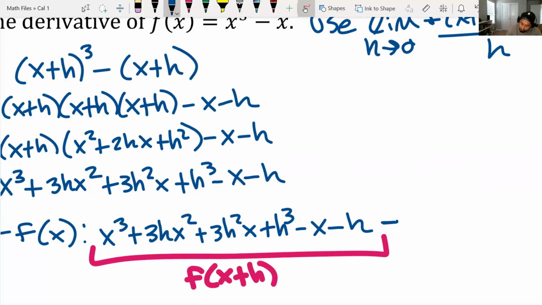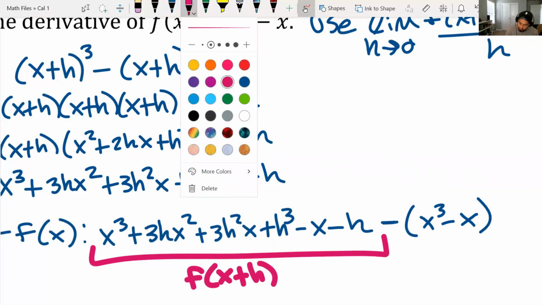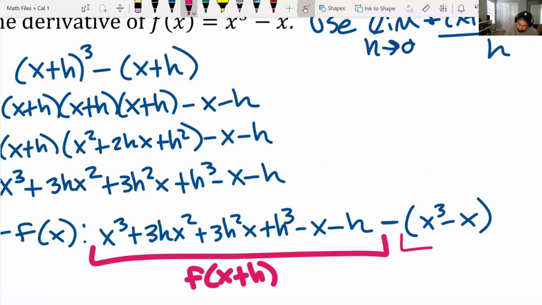And then we're going to subtract the original function. But make sure you put it in parentheses. So we're going to subtract the original function, x cubed minus x. That's it. And this is f of x.